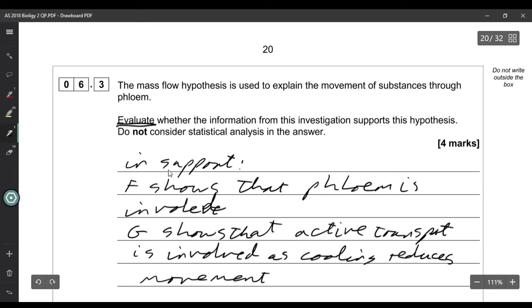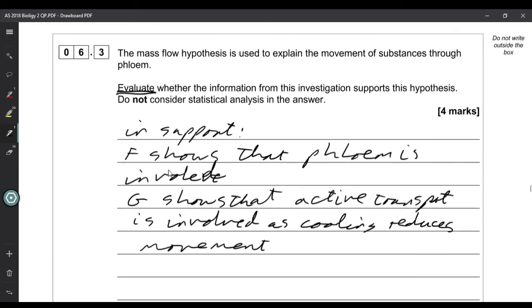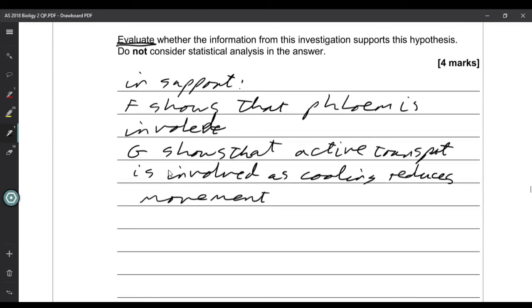So in G, we know that it's the intact stem, and all we've done is cool it. And by cooling it, we're slowing down chemical reactions. We're slowing down the release of energy, and that in turn is slowing down the movement of substance X, and we're not seeing a significant amount of roots grown compared to the control.